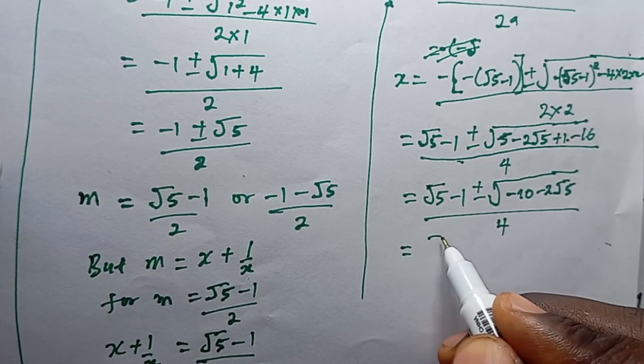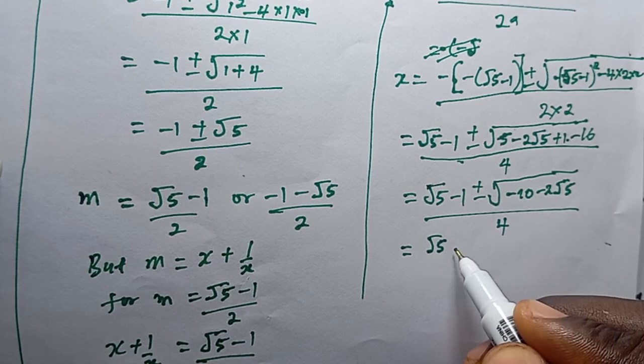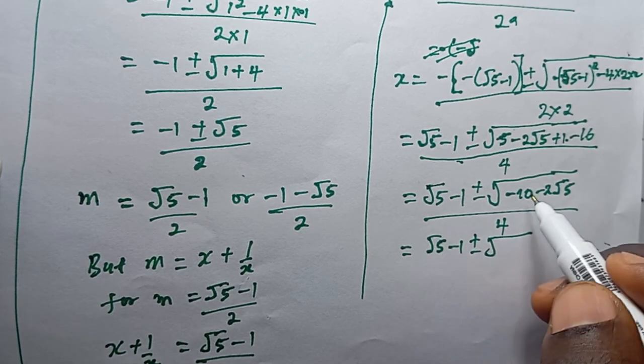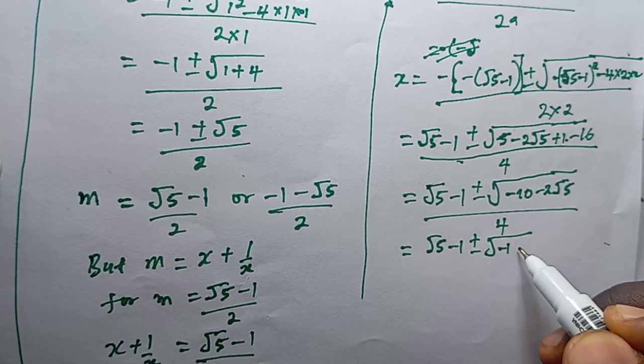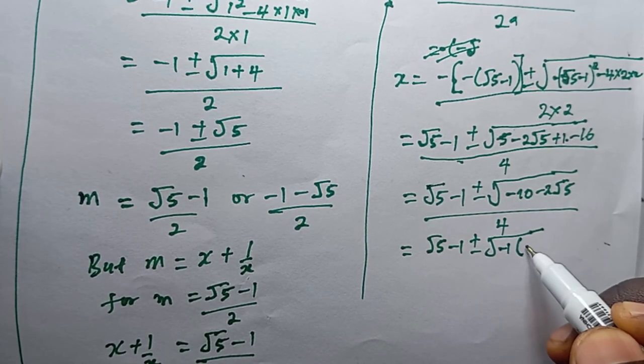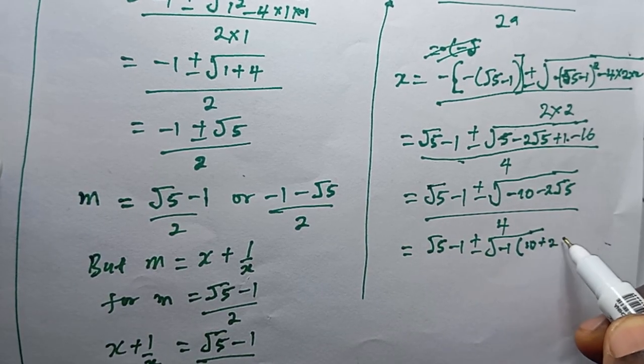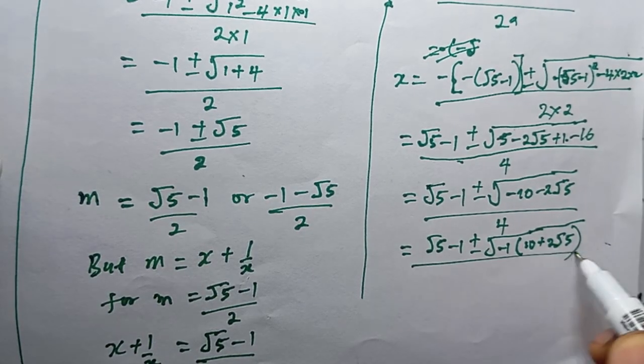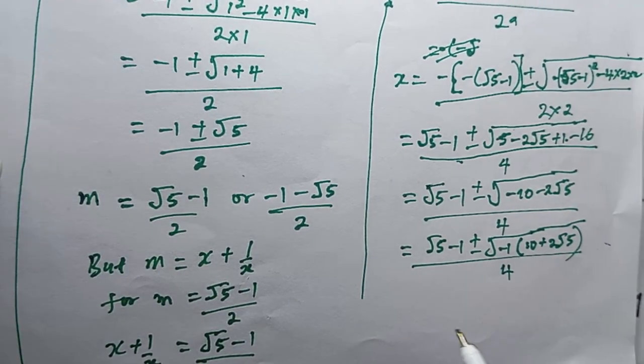And this is equal to root 5 minus 1 plus or minus square root of, I can factor out minus 1 here. Then I have 10 plus 2 root 5, all divided by 4.